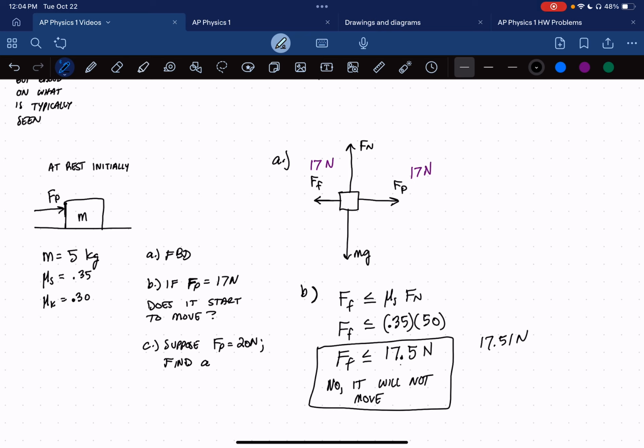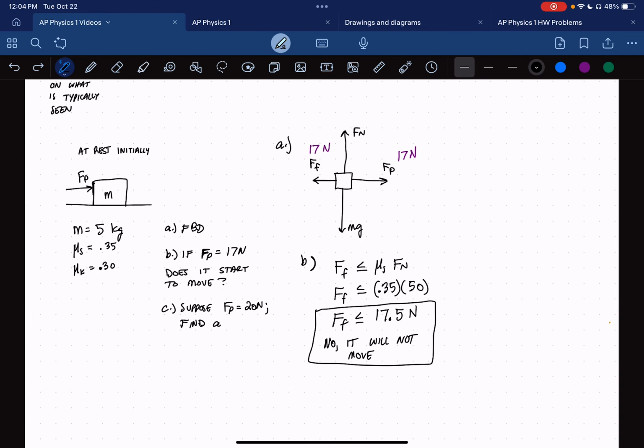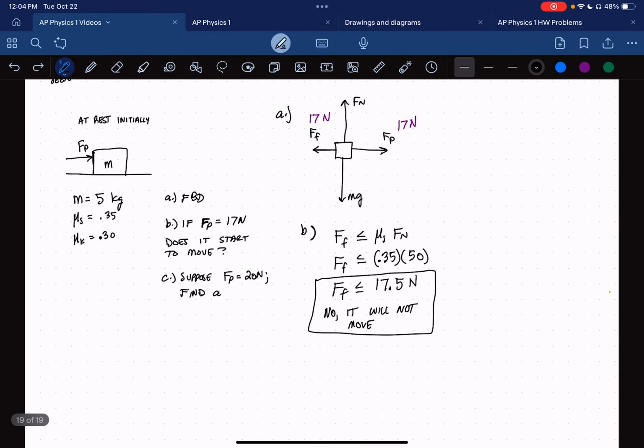It should move, you're exceeding that maximum static friction. But in reality, it's a little bit trickier than that. So maybe a better way to say this is the maximum amount of static friction, or the minimum amount of force needed to get it to move, is really close to 17.5, somewhere right in there. So that's just to show you the nature of friction. It's not an exact number.